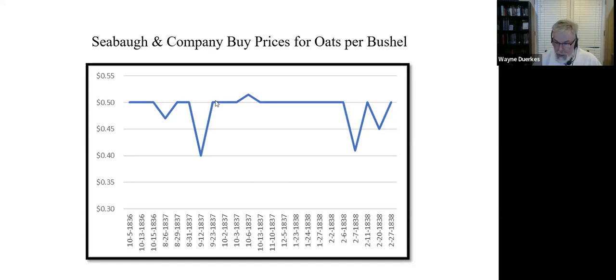And you'll see that dip down to 40 cents a bushel, September 12th, 1837. I was not able to ascertain why. Maybe there was just a huge harvest going on at the time and the market was flooded with oats, who knows?